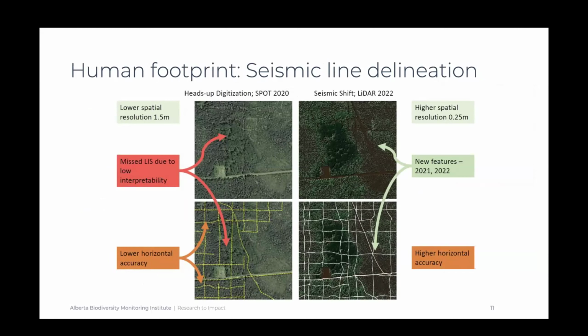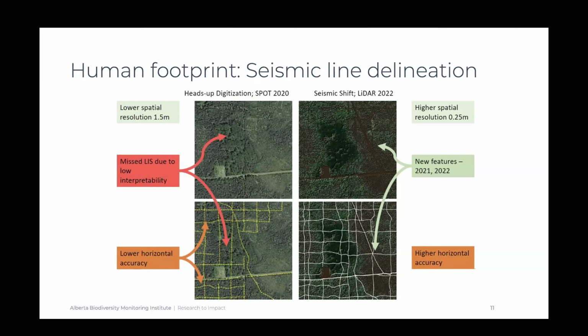And what we're currently doing is looking at how we can improve the seismic line component of that inventory using LiDAR. We've developed a new workflow that we've called Seismic Shift. It has some similarities with what we saw from Maxime in Quebec, in that you can see those seismic lines in the original version don't always follow the exact pathway.